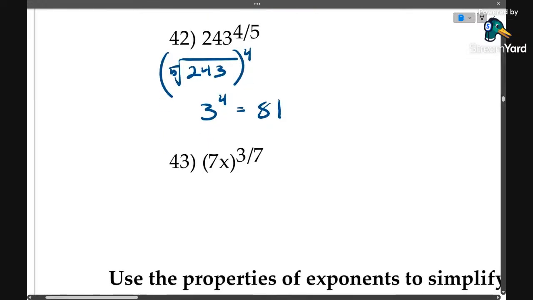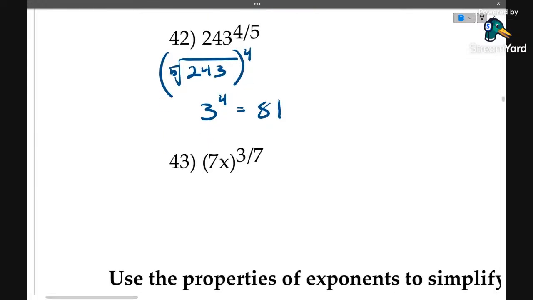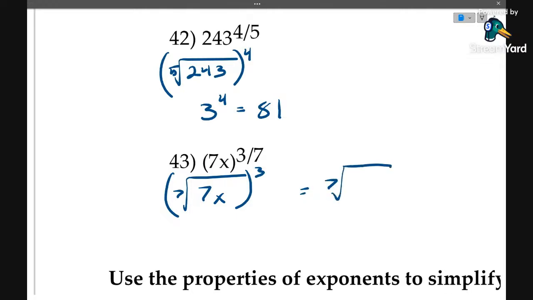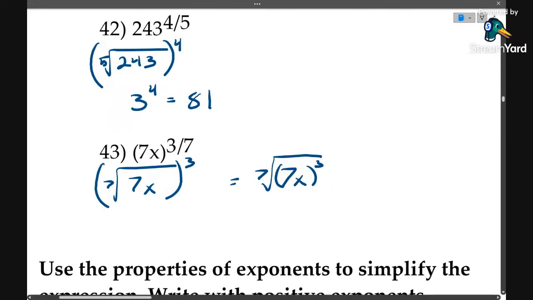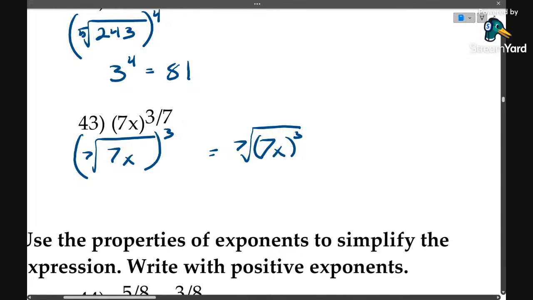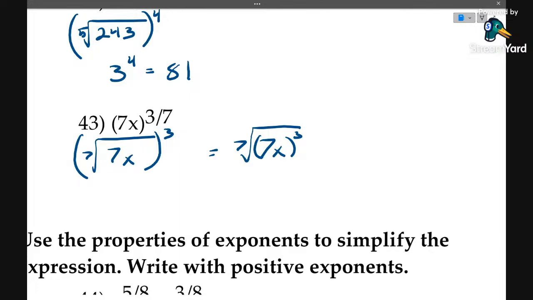Like we have here, I've got 7x to the 3/7. So that is the seventh root of 7x to the third power. Now, another way we can write this is that the exponent doesn't have to be on the outside. It could also be on the inside. So be prepared to see it in either representation, because if it's applied to the internal portion, then we have to apply that power rule where we do 7 to the third power as well as x to the third power.